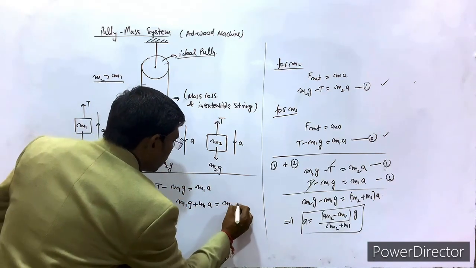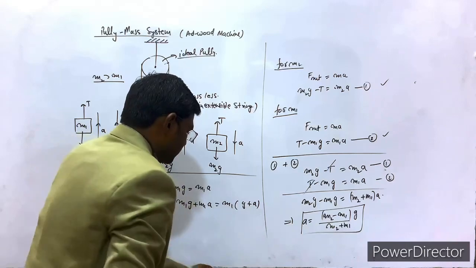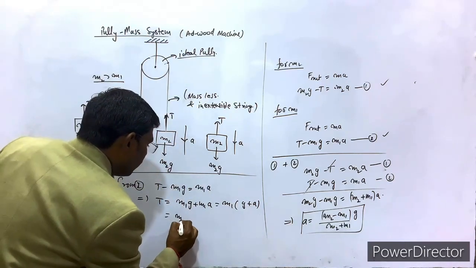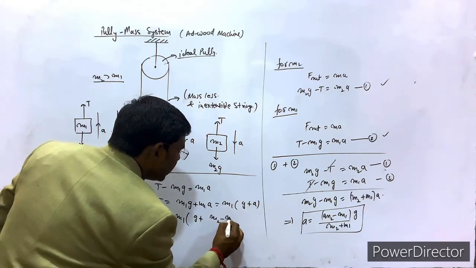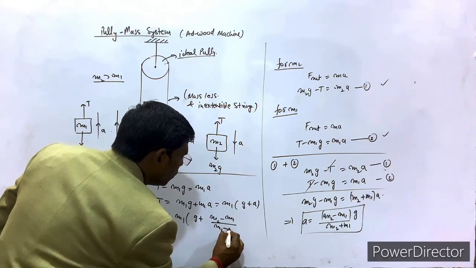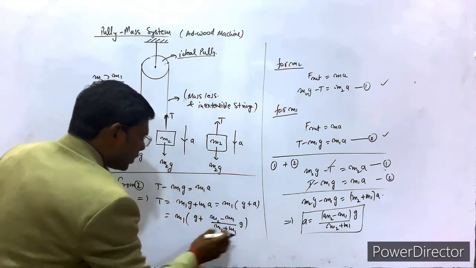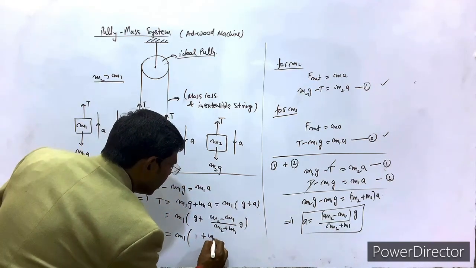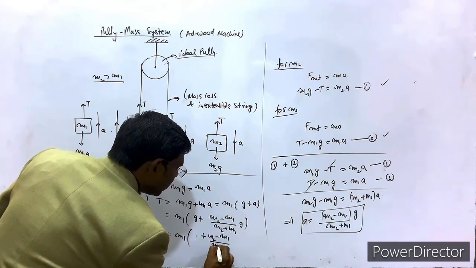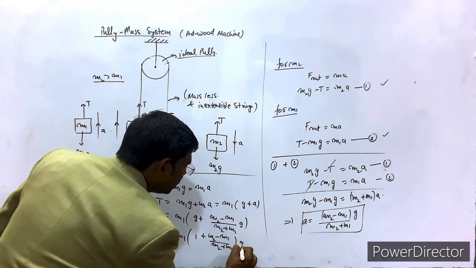If you take M1 common, then G plus A will come. So M1 times G plus the acceleration, which we found as (M2 minus M1) upon (M2 plus M1) into G. If you take G common, you will get 1 plus (M2 minus M1) upon (M2 plus M1), into G.